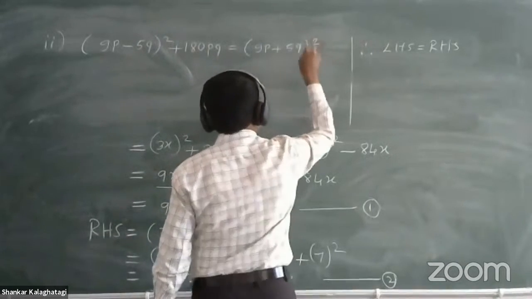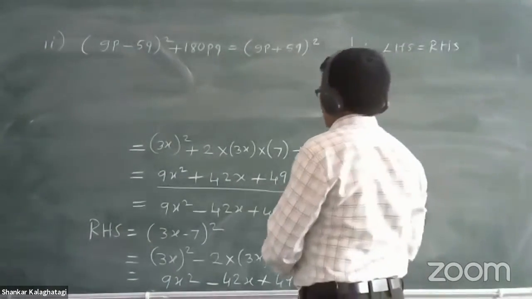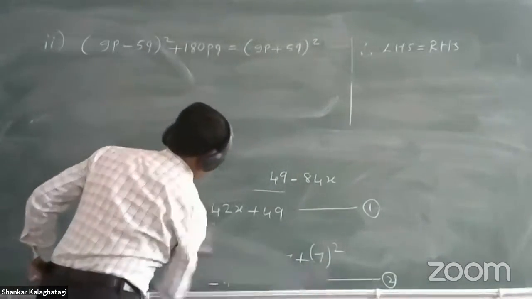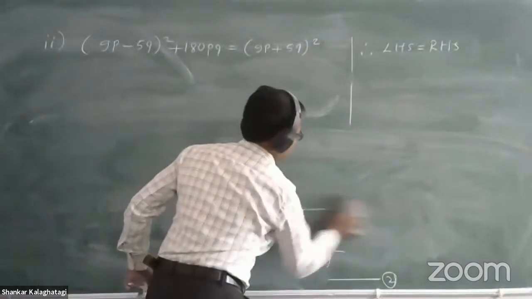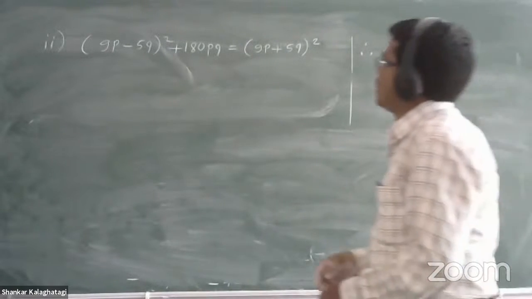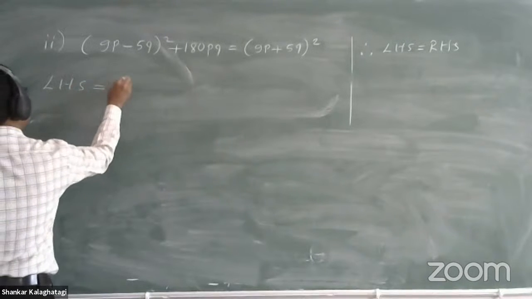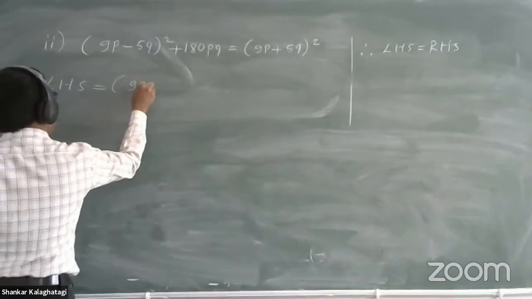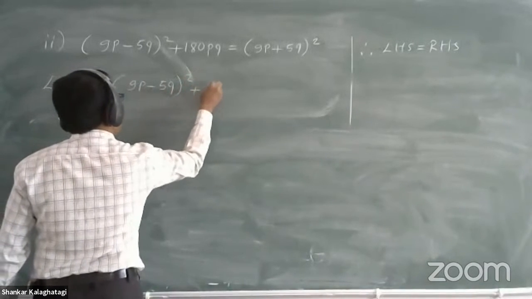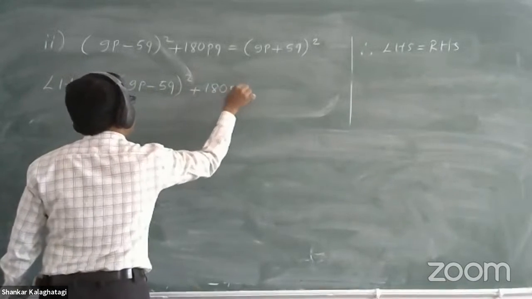Now how to prove you have understood? Try this. Be fast. LHS you simplify, RHS you simplify, both will be the same. Left hand side is (9p − 5q)² + 180pq.